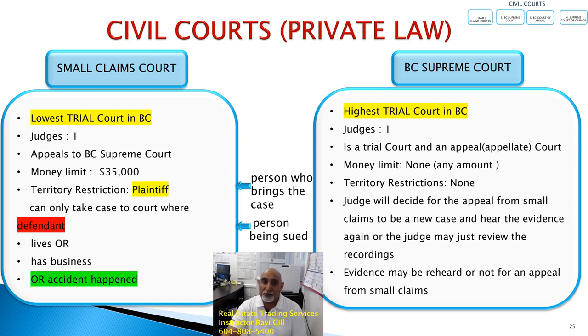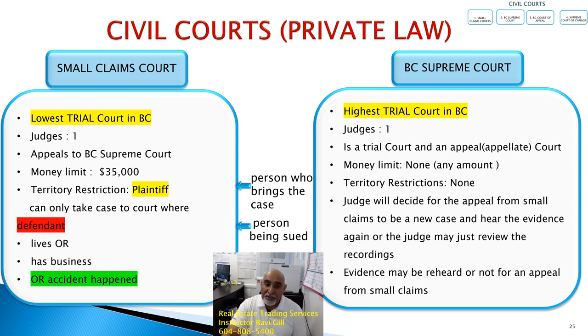The first one, small claims court, is the lowest trial court in BC. This is not an appeal court. This is where you can start your case. Only one judge. Appeals from the small claims go to BC Supreme Court.